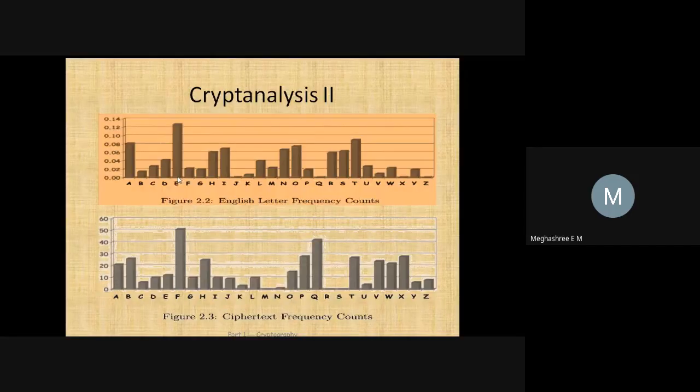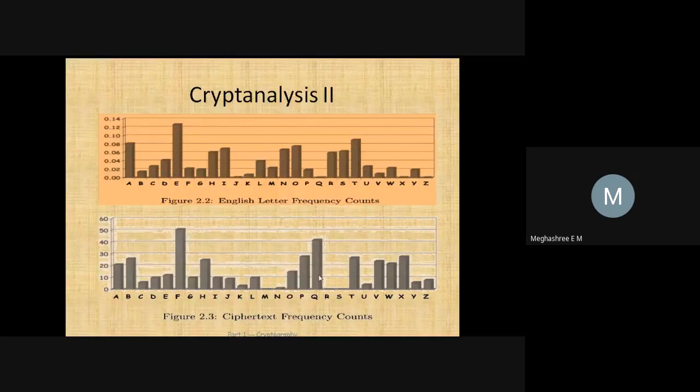So considering this, what will the attacker conclude? The letter F has been substituted with the letter E. When he looks at this graph, he'll conclude that E is the most frequently used letter in English, so he will substitute F with E.